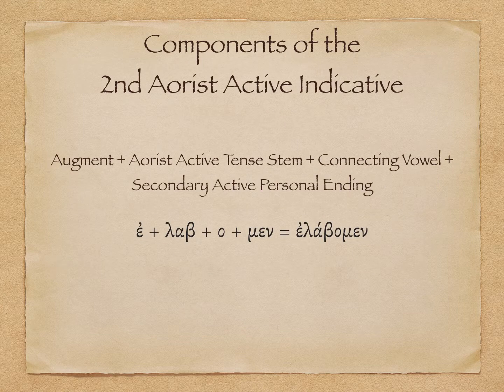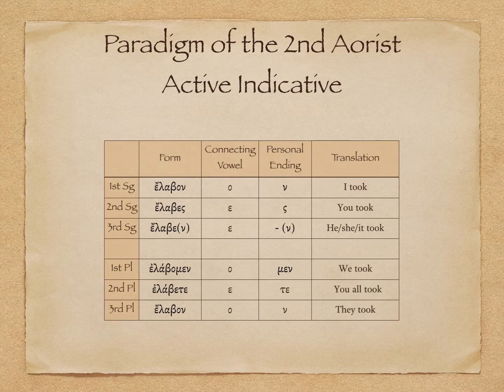Components of the second aorist active: the augment, the aorist active tense stem, connecting vowel, and the secondary personal ending. Pretty basic there. And then the paradigm of the second aorist active, again, pretty basic.